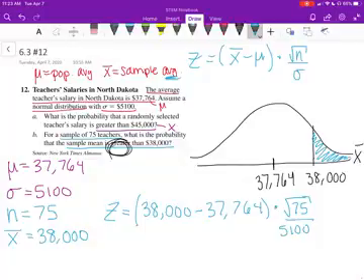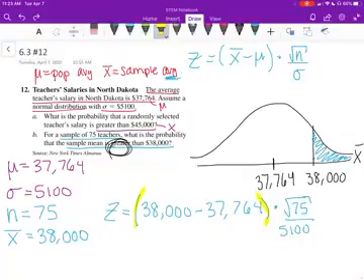Now remember when you're writing this down and when you put in your calculator, don't forget your parentheses. Those are very important, otherwise your calculator will do this first. And we want to do our subtraction first. So make sure you put in those parentheses. It's very important.